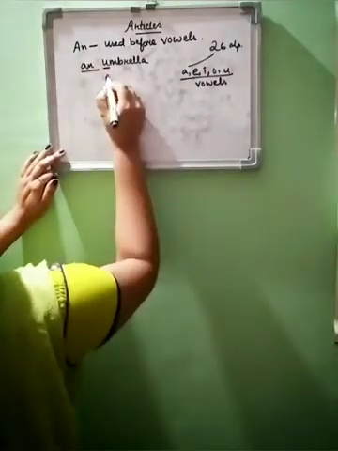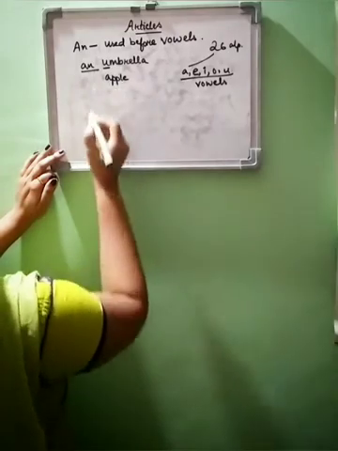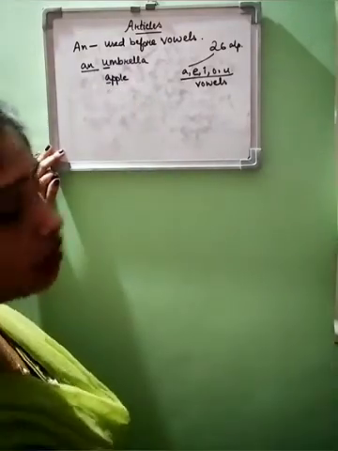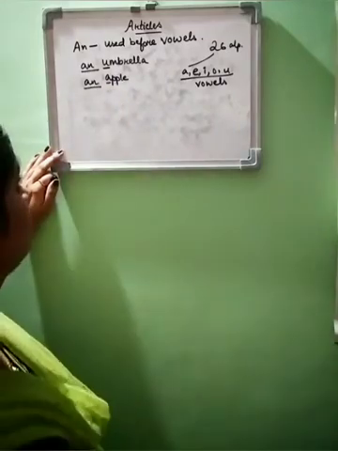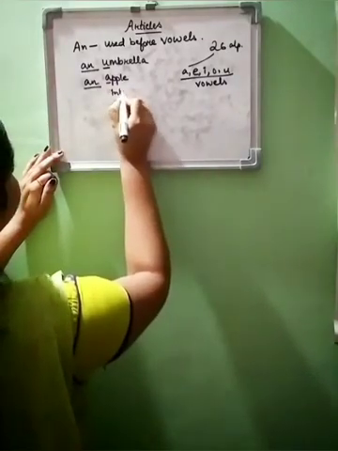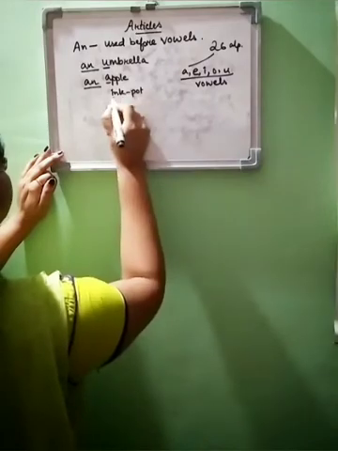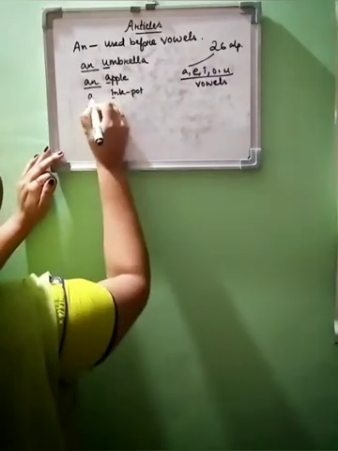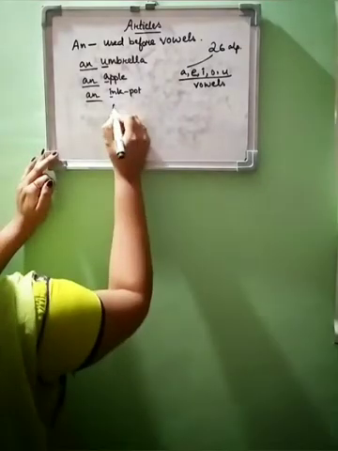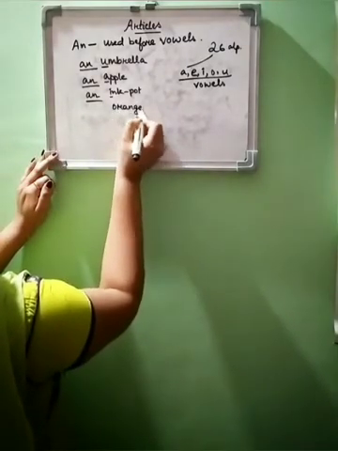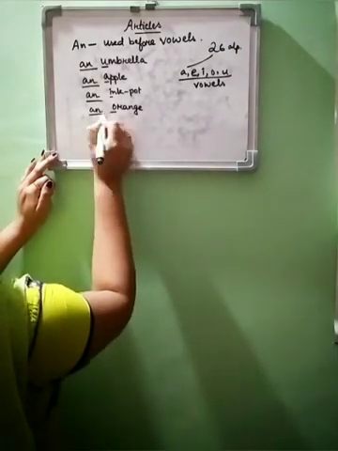Then, for example, apple. A is the first letter, this is a vowel, so we will write an. Let's take another, ink pot. This starts with a vowel, so this will be an. Can you think of something else? Yeah, orange. O, so this will be an.